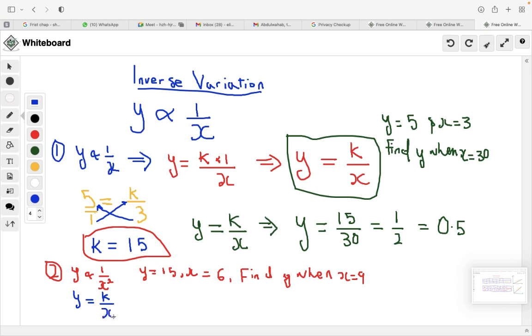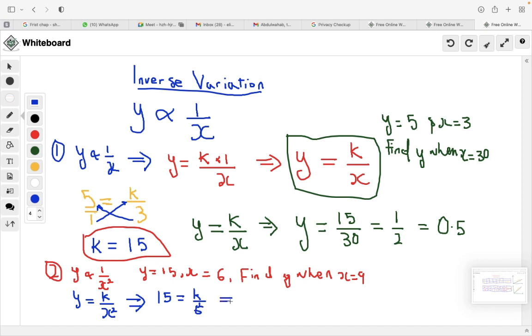The first value is y is 50, so I put 50 here to find k. We don't know what k is. And x is 6. Since it's x squared, you say 6 squared, which is 36, right?